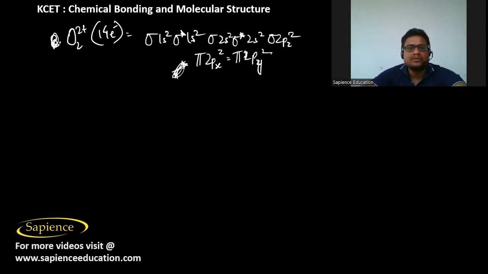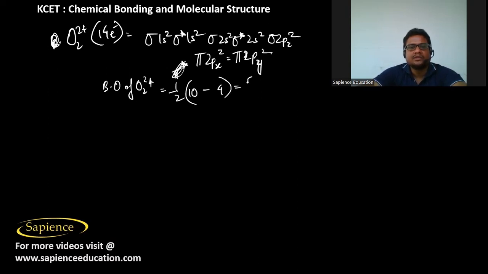So in case of O2 2 plus, the bond order will be half of the number of bonding electrons, which is 10, minus the number of antibonding electrons, which is 4, so it is 3.